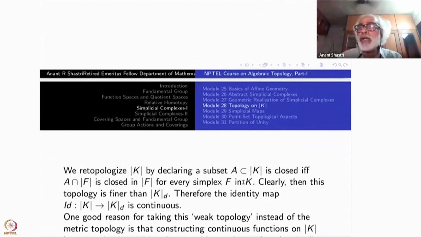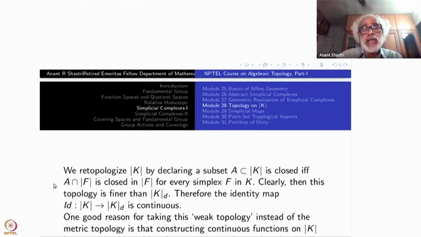If A is already closed inside KD, then A intersection F will be closed inside KD as well as in mod F, because mod F has the same subspace topology from KD. So all closed subsets of KD are inside this weak topology.